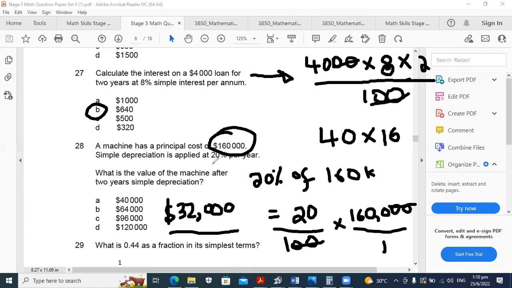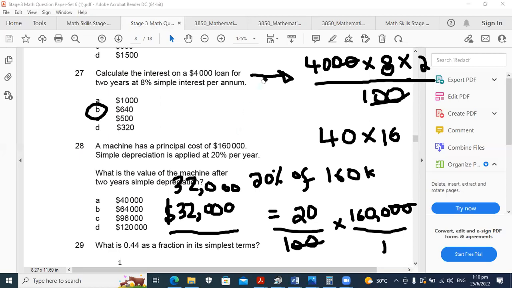So for year two, you will still end up with another 32,000. Everybody follow? Yes, sir. Right. So with simple depreciation, you go back to the original.